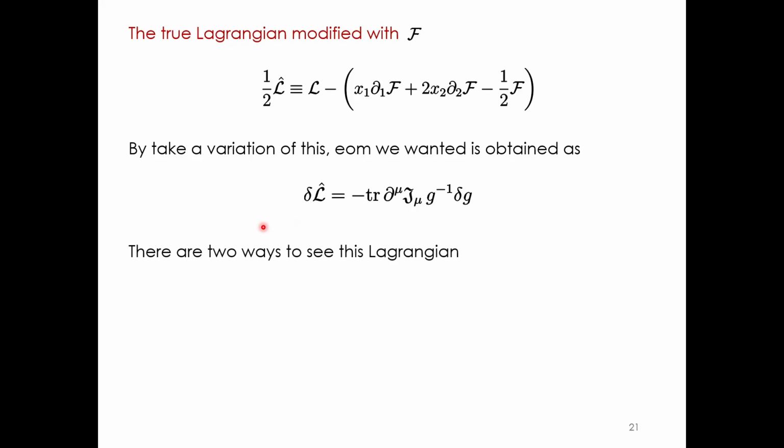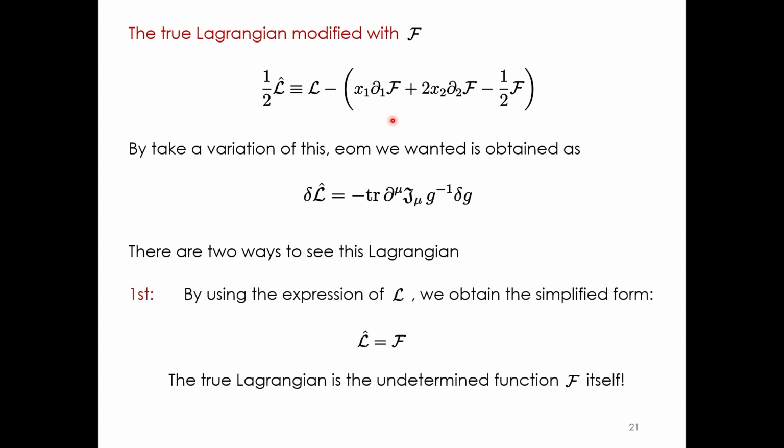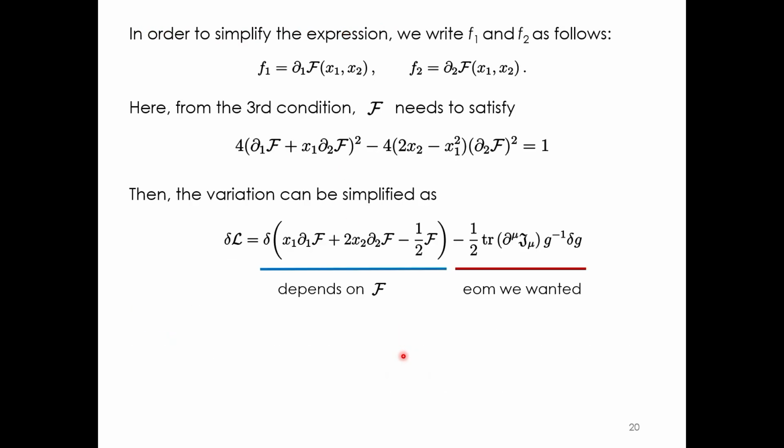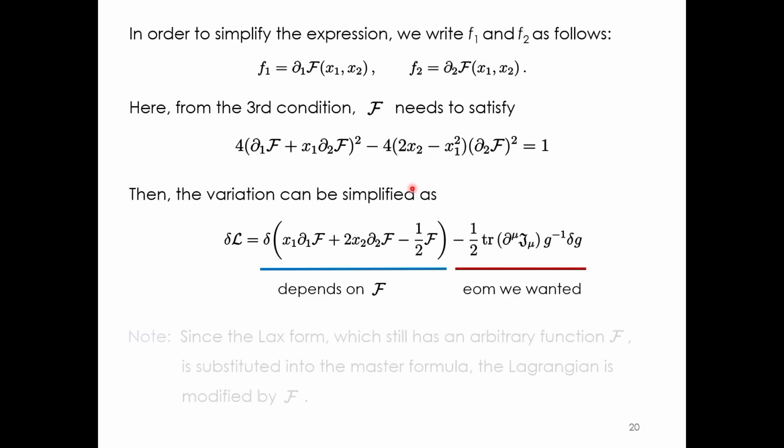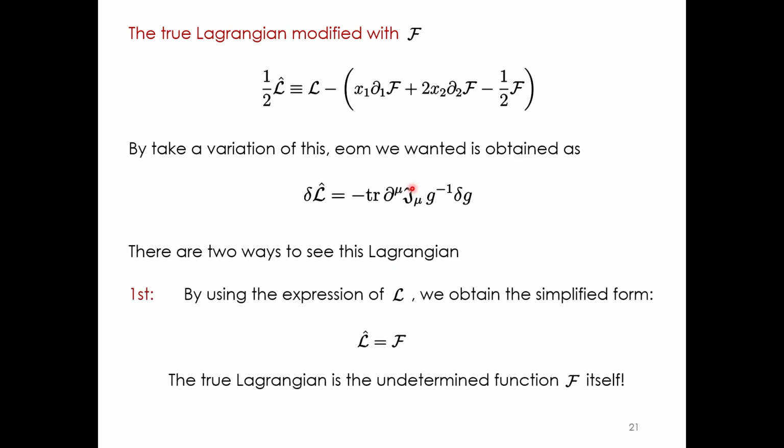Then we need to consider the interpretations of this additional piece. Now there are two ways to see this L hat. The first one is very simple. By using these expressions, L hat is simply given by F itself.